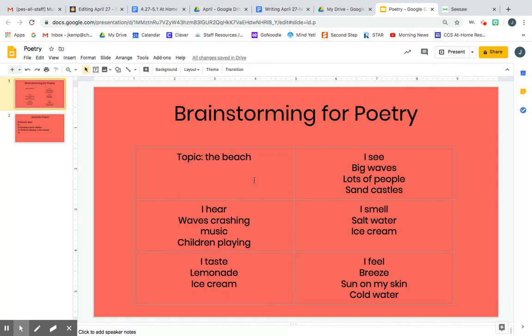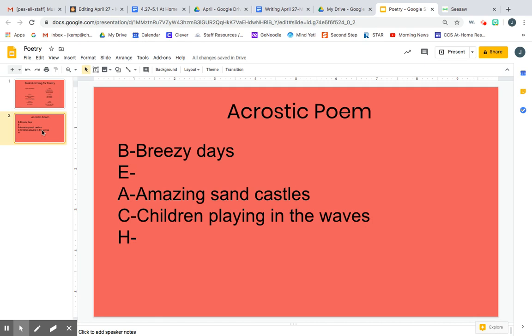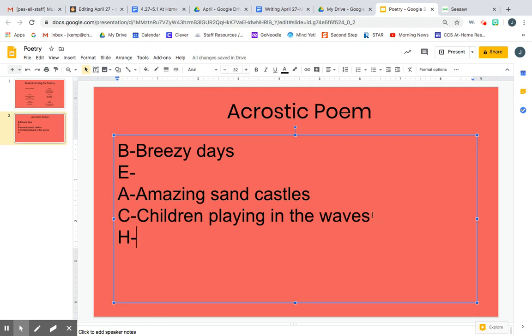I have music, I have waves crashing, I have big waves too. I think I'm going to change this to children playing in the water, and then I'm going to make this one be huge waves crashing.